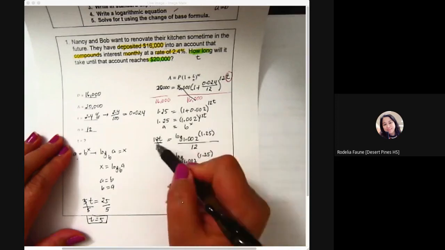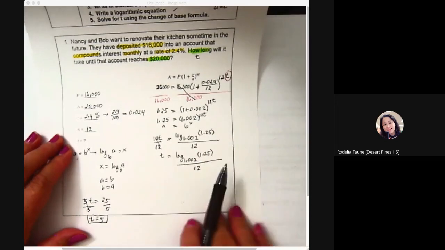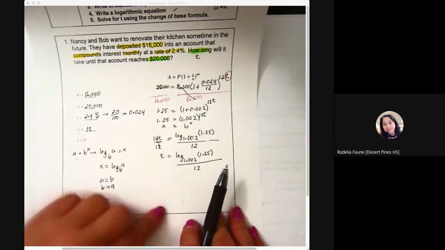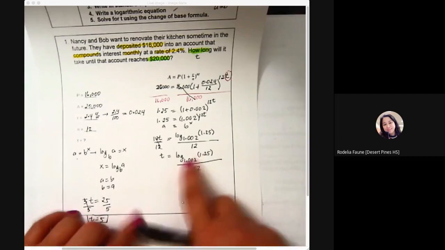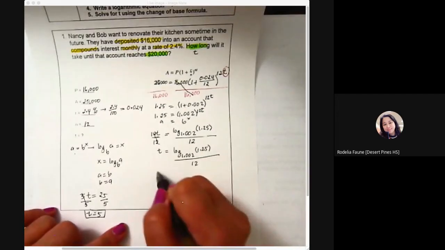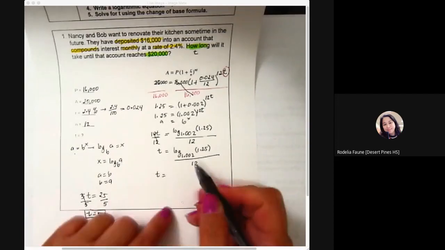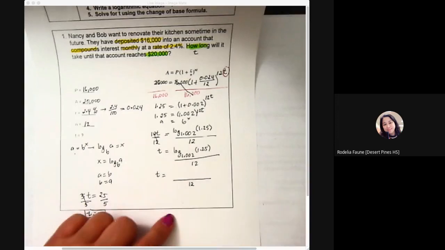So 12t there. Now here, if we look at this, and if I'm gonna cover this one, we use the change of base formula. So change of base formula will be, okay, here, I'll just copy the denominator. I'm not gonna touch that one.